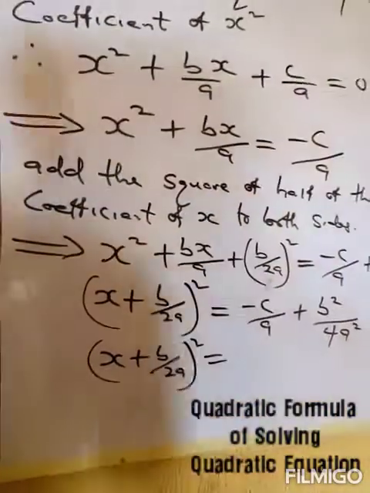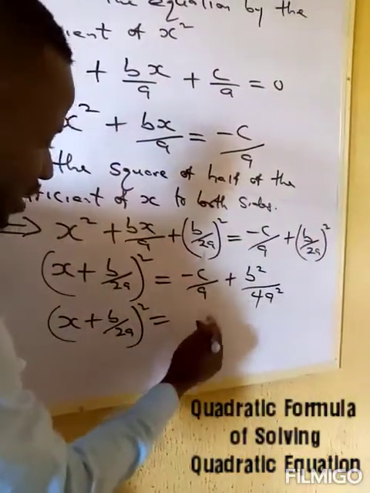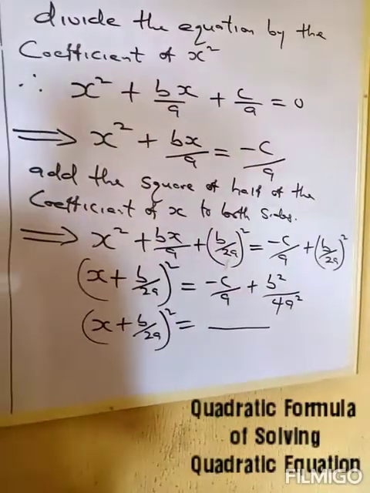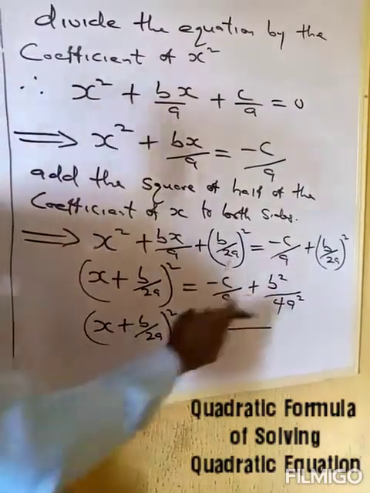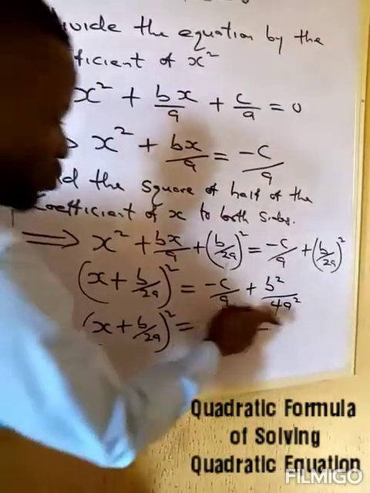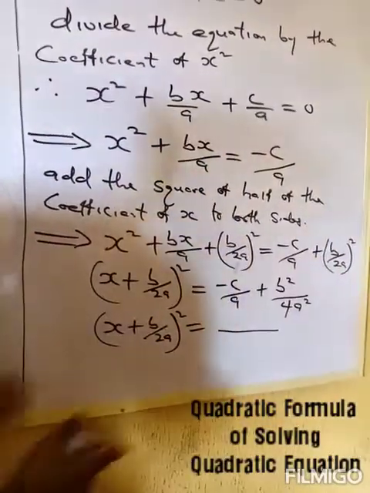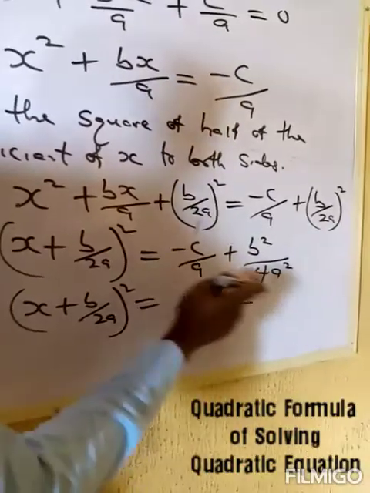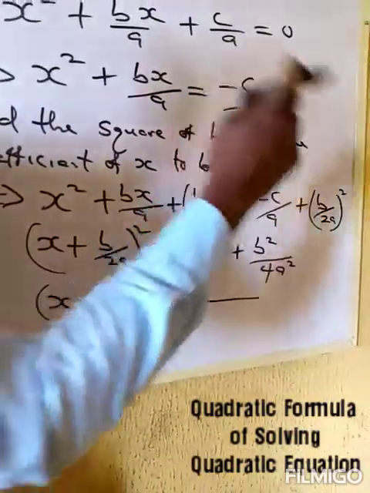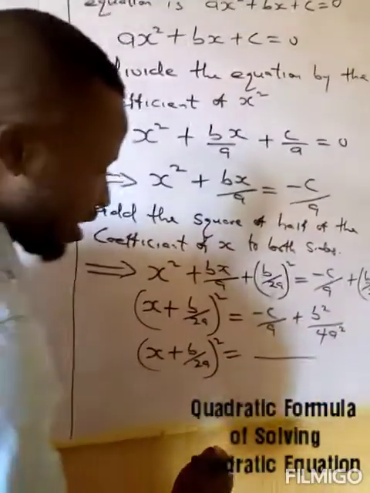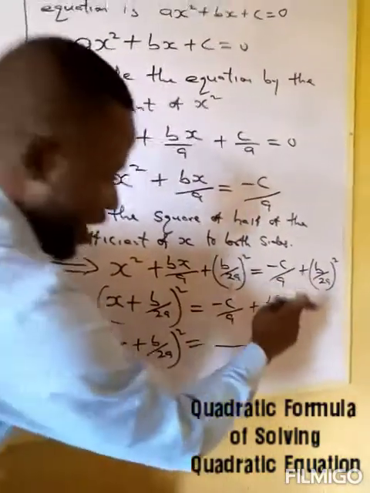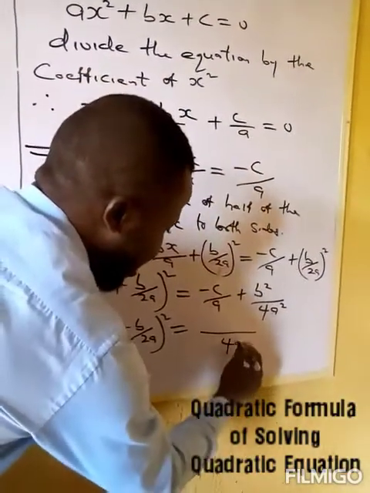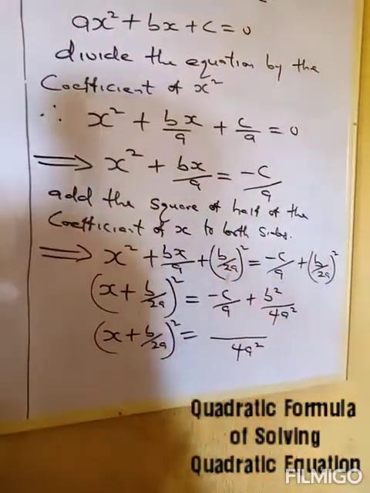still raised to power 2, and here I can find the LCM of these two fractions by bringing them together. What is the LCM of these denominators? We are having a here, and 4a squared here. The LCM of a and 4a squared remains 4a squared.